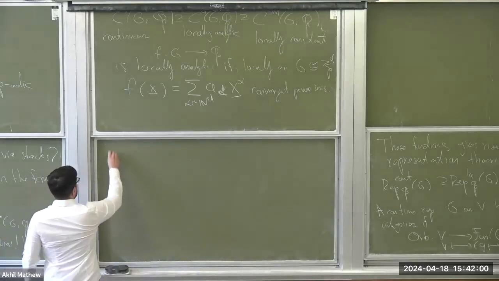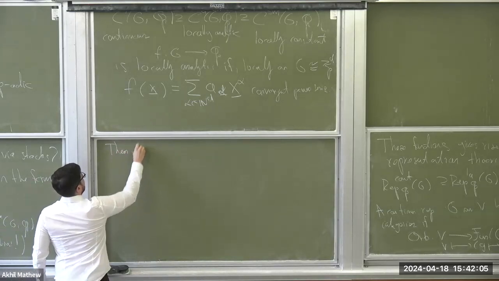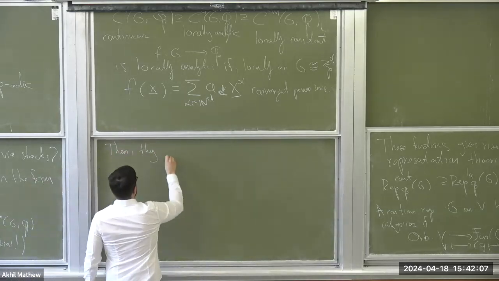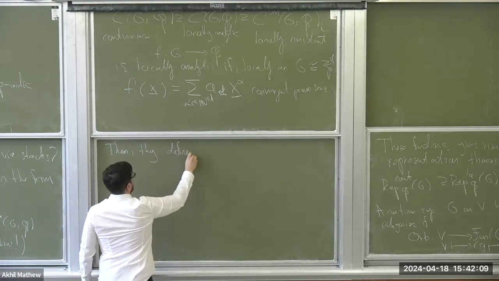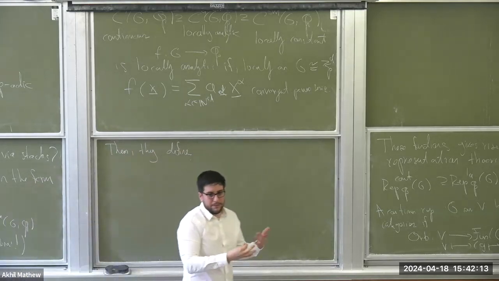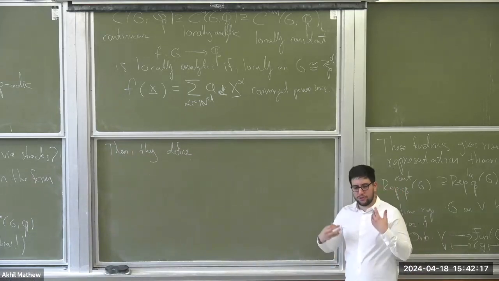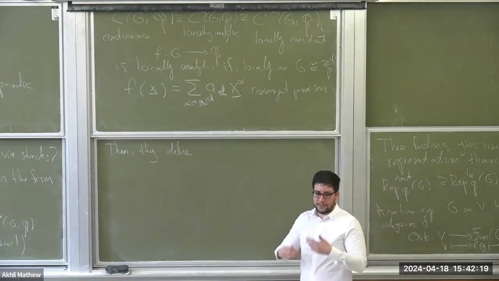So these guys then define, again, for this math we now have a nice framework of topological vector spaces, but also can talk about the geometry. More precisely, talk about analytic geometry.